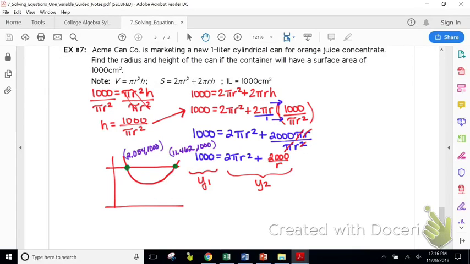All right, so you've got two different sizes. So size number 1 is going to be when your radius is 2.054, and we're going to have to go through and find the height. How are you going to find the height of it? Plug it back in over here where it says h equals 1,000 divided by pi r squared.